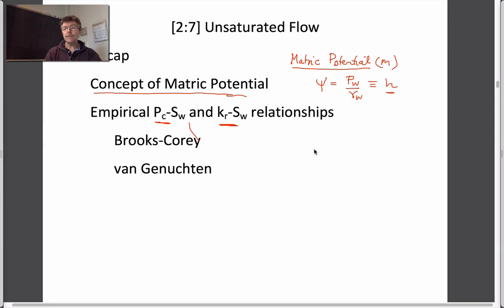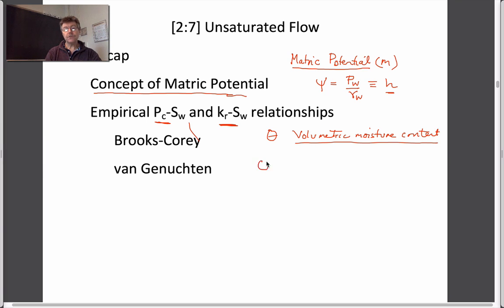I guess the other thing is that we also work in terms of volumetric moisture contents. And usually the symbol which is used for that is theta. It's a fraction.